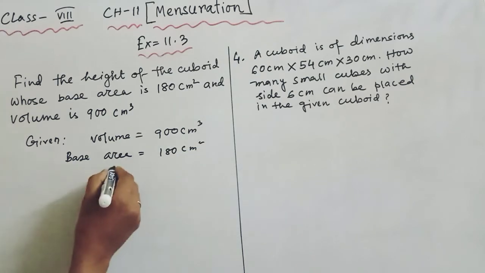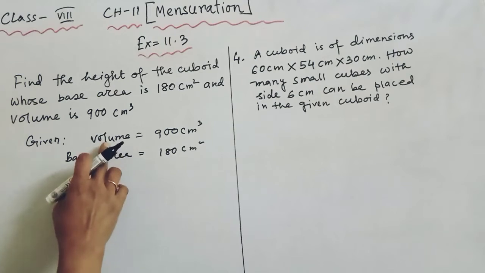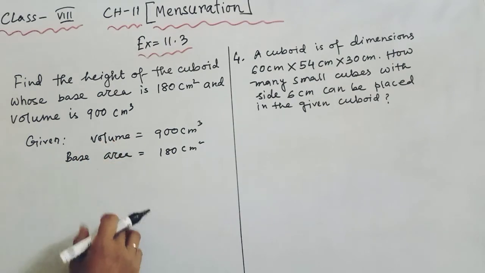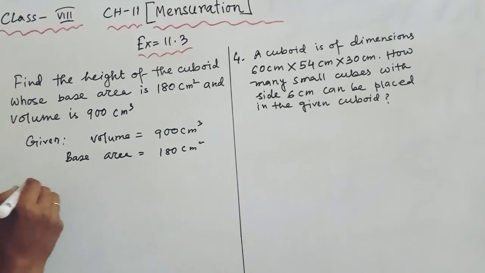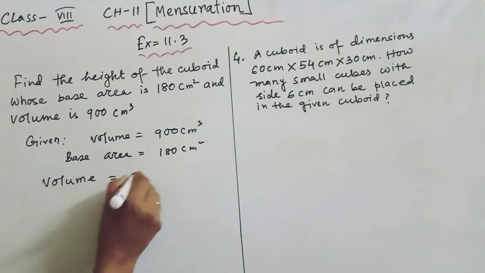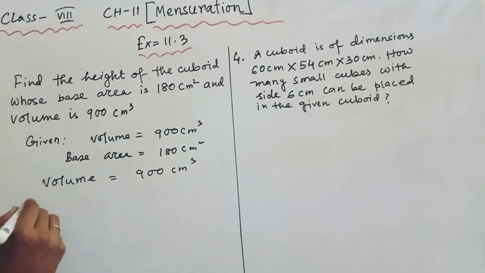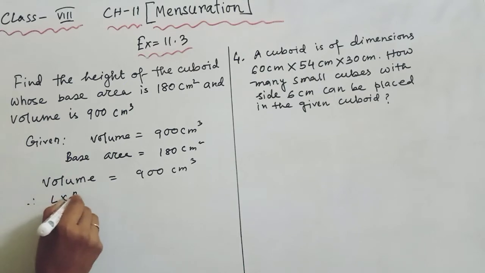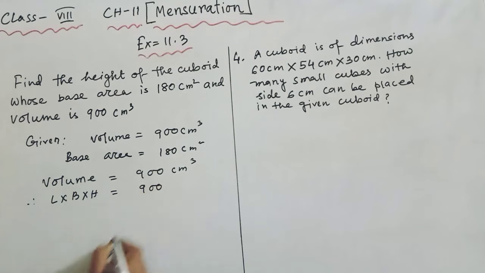As you know, the base area of a cuboid means L into B, and volume is L into B into H. So by using this formula, we can write volume is equal to 900 centimeter cube. Therefore, L into B into H is equal to 900 centimeter cube.